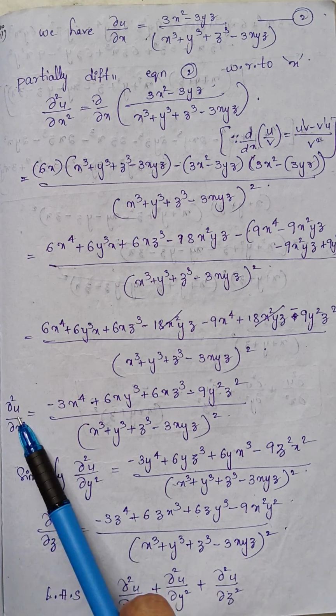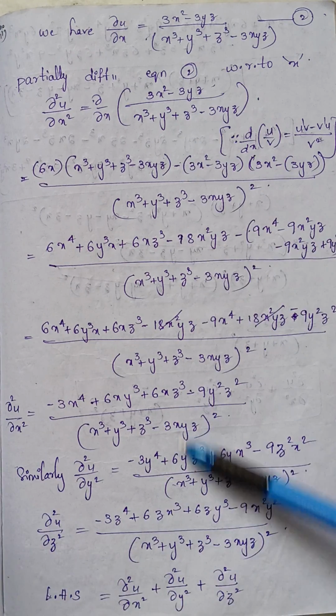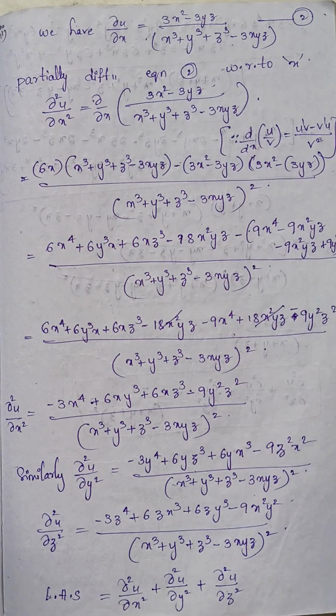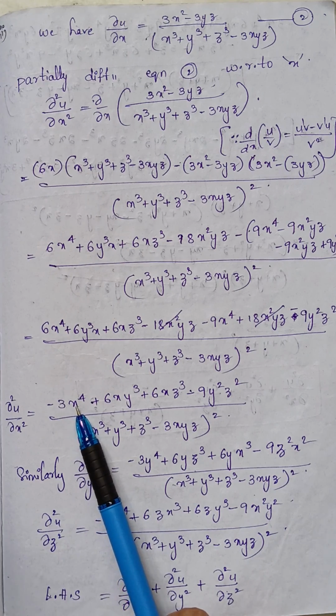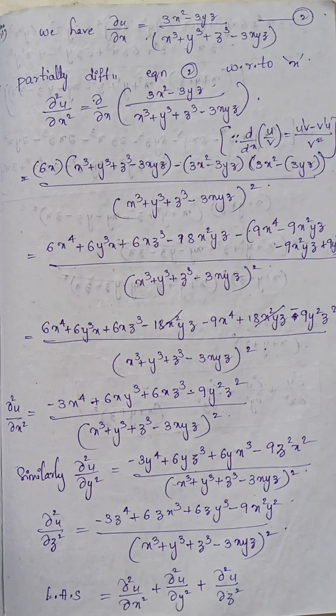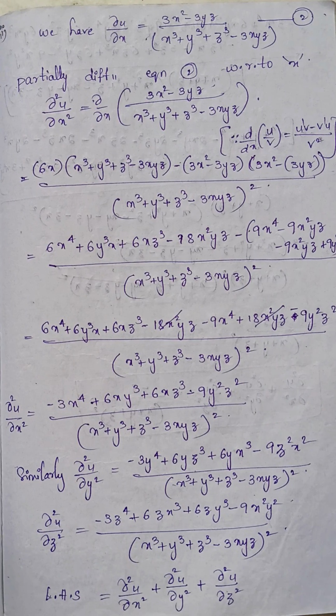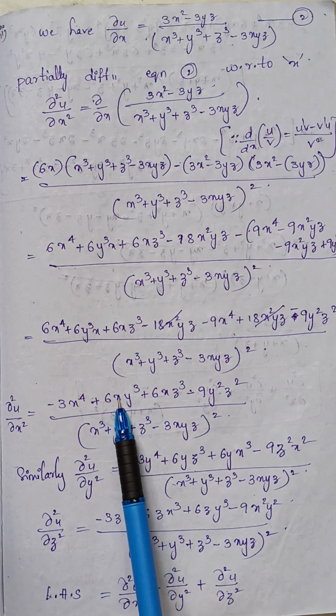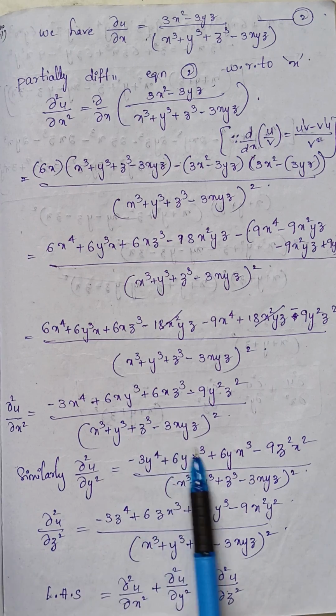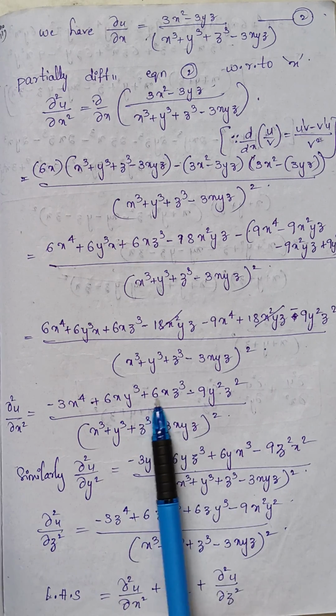Similarly, dou square u by dou y square, no need to do all again because the powers are the same here. That's why simply what we need to do is, instead of x you keep y, y interchanges as z, instead of z you take x, replacing x by y, y by z, z by x. So here minus 3, here y power 4 plus 6, x means y tends to z. Like this we can substitute for every term.